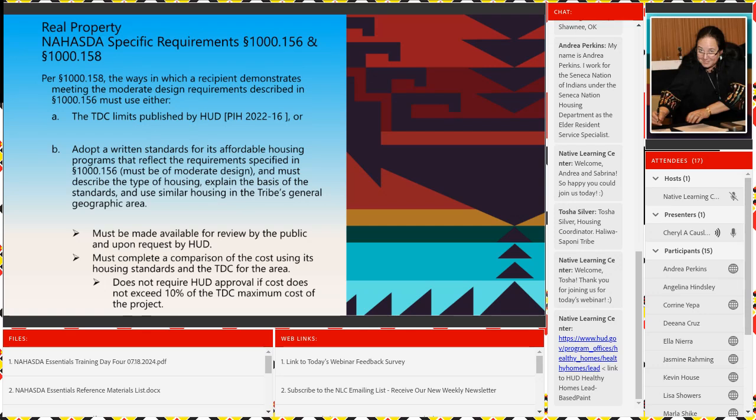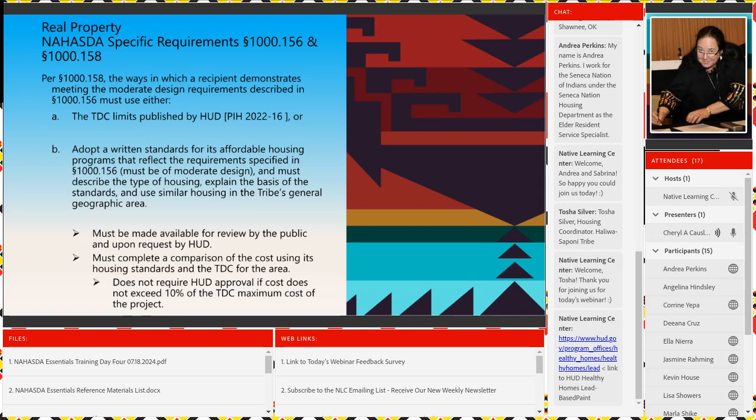For 158, the ways in which a recipient can demonstrate meeting the moderate design requirements described at 156: use your TDCs published at 2022-16, or you can adopt written standards for your housing that reflect the requirements specified at 156, has to be moderate design, describe the type of housing, explain the basis of your standards, use similar housing within your tribe's geographic area, has to be available by the public and to HUD if they request it.